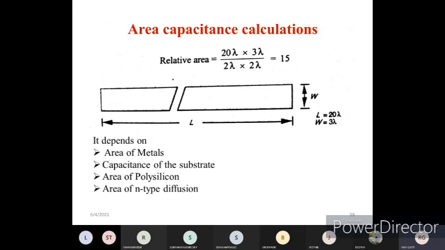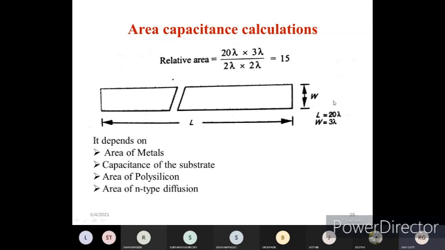The area capacitance of the gate is the ratio of the area, that is L cross W, whatever L and W are, divided by the standard area. So what is the standard gate area we have taken? That is 2 lambda into 2 lambda.